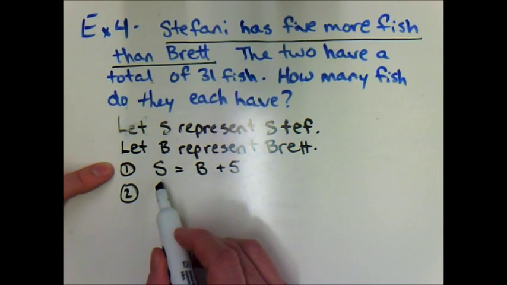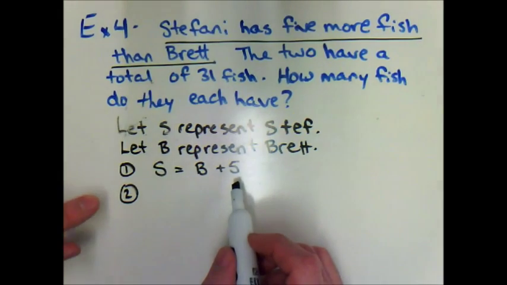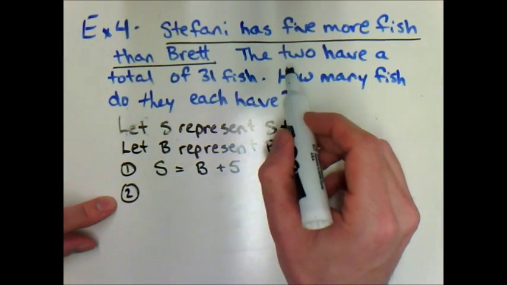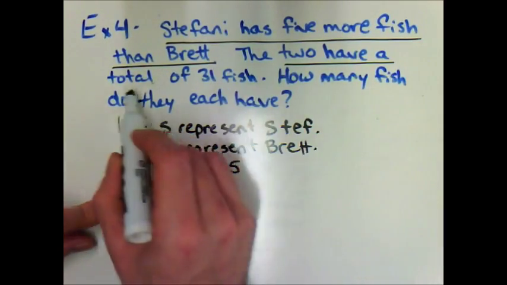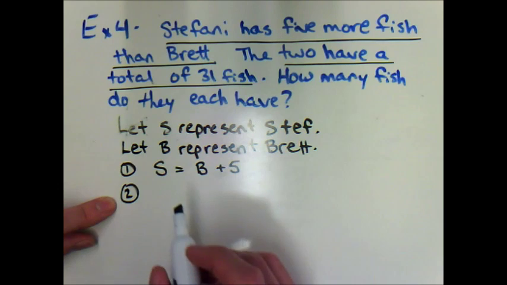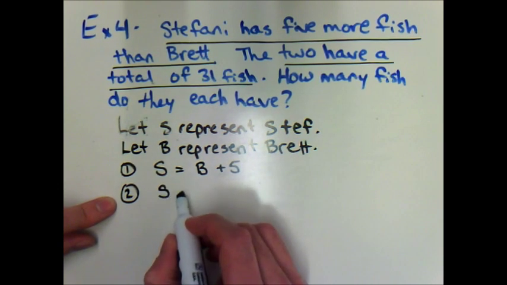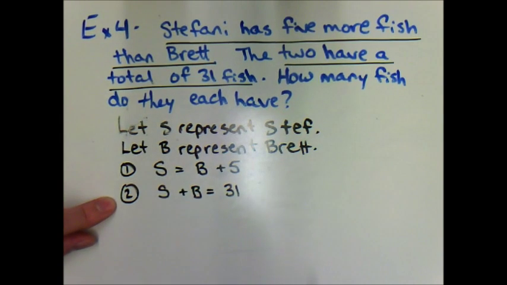If Stephanie has 5 more than Brett, then S must equal B plus 5. The second sentence gives us other information. The two have a total of 31 fish. Amy, can you put that into an algebraic sentence for us? S plus B equals 31.